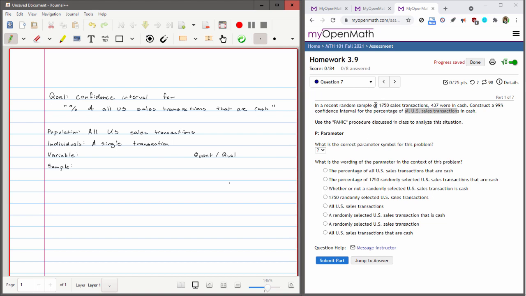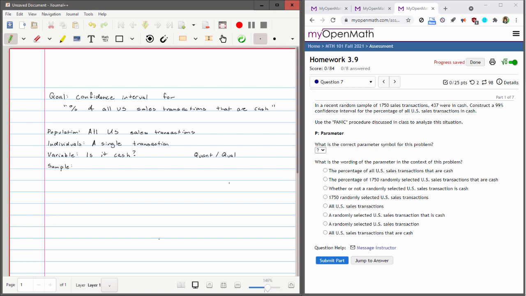What are we asking about each individual sales transaction? Is it cash? A sales transaction is when someone goes into a store and buys something. The variable is, did they pay with cash or did they do something else, like use a card or a store account or a check?